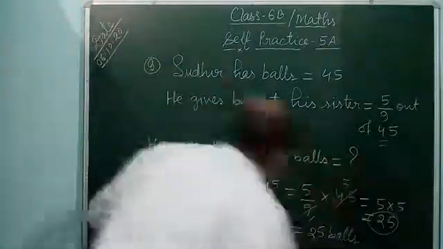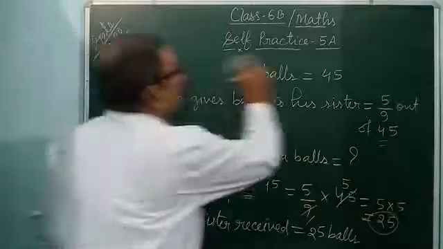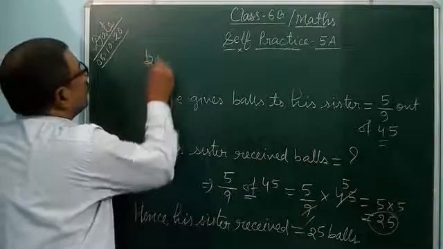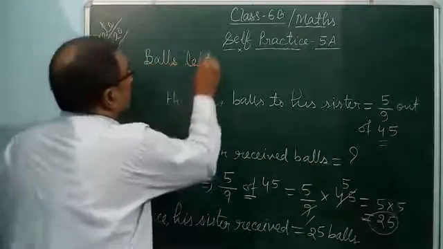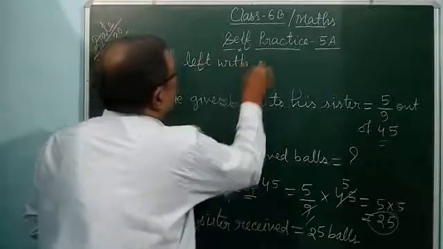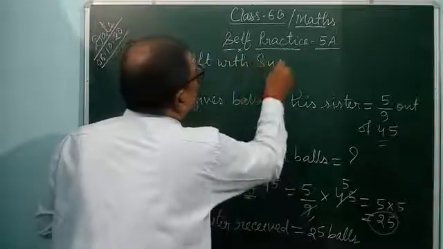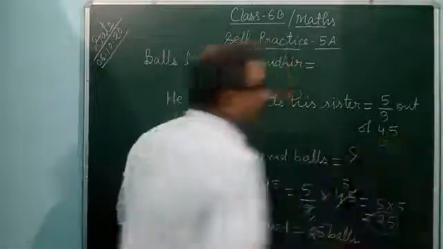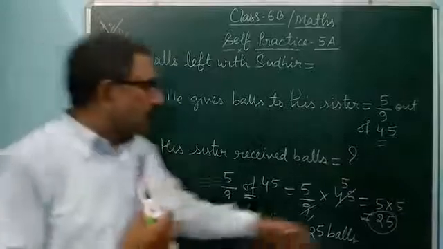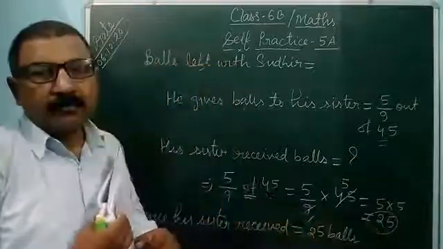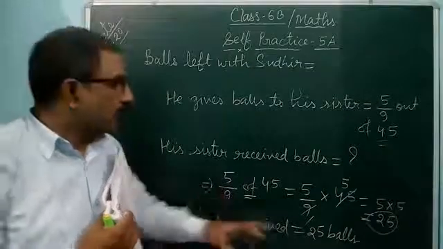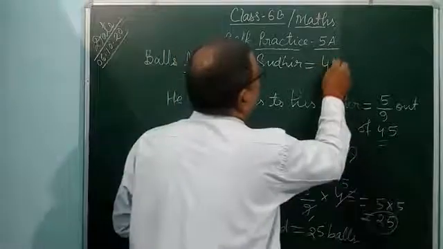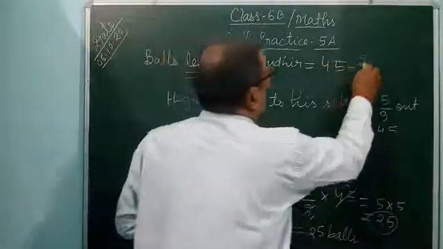So balls left with Sudhir equal to total, out of 45 balls, 25 balls his sister received. Total is 45, so out of 45 his sister received 25 balls.